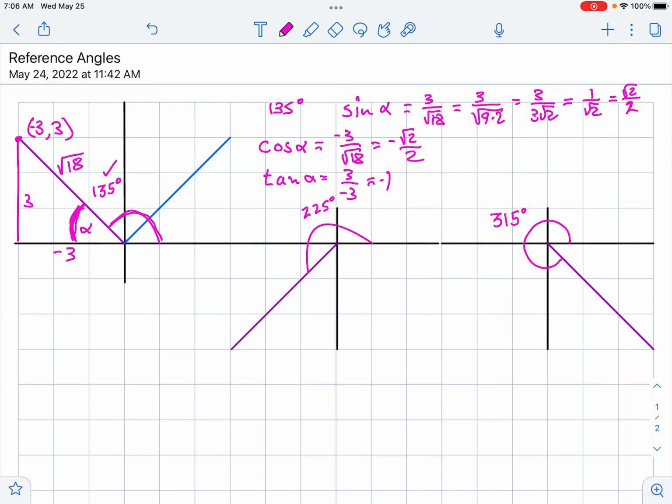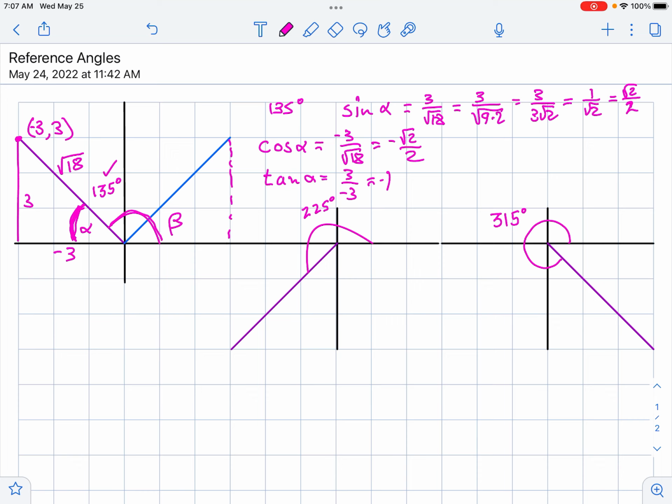Notice that this angle here, I'll call it beta, is the same as alpha. So you can see how these reference angles work. It takes this angle that's not part of a right triangle, and we get an angle that is part of a right triangle. So instead of working with 135 degrees, we work with 45 degrees.